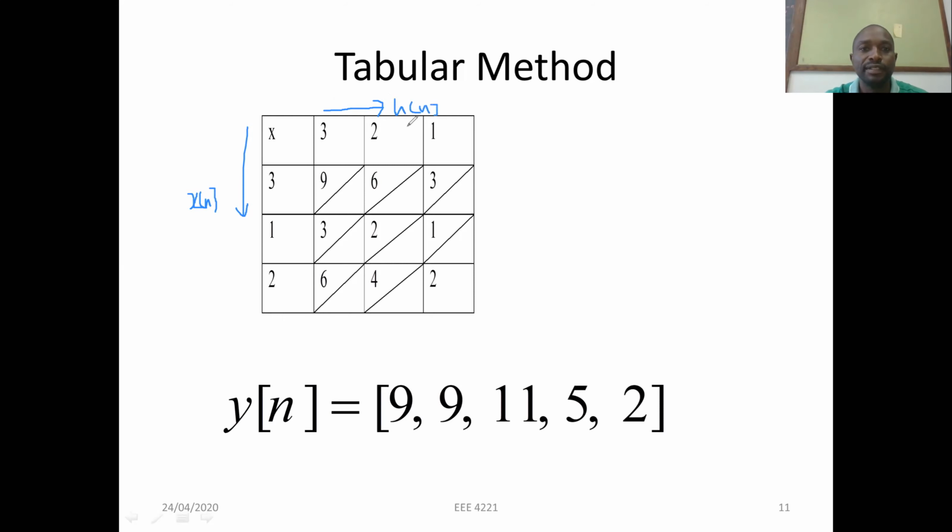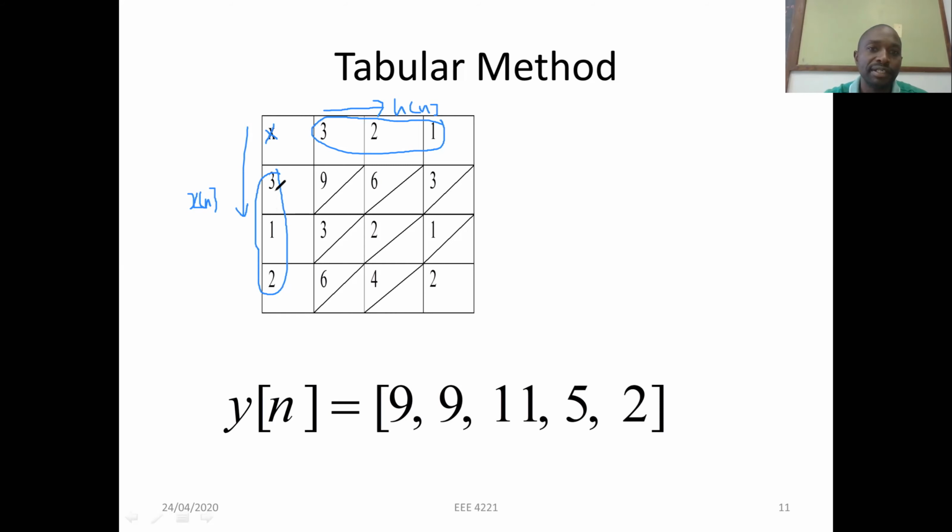Okay. And what I've done here is to put the sequences for x of n in that format. And then I've also put the sequence for h of n in that format. And then I've put a multiplication here, take note. And then what I'll be doing is now diagonally do a multiplication.